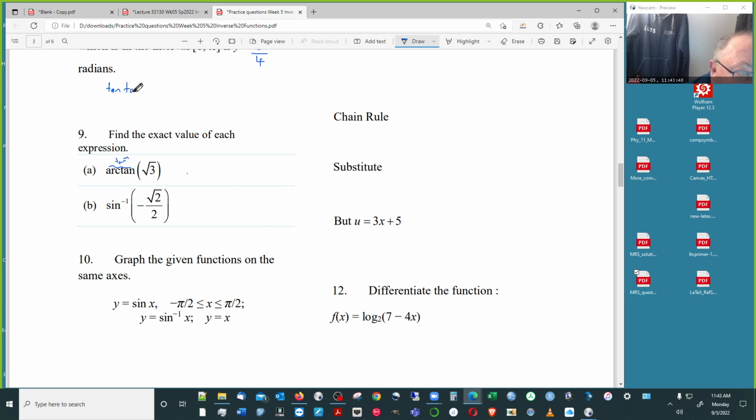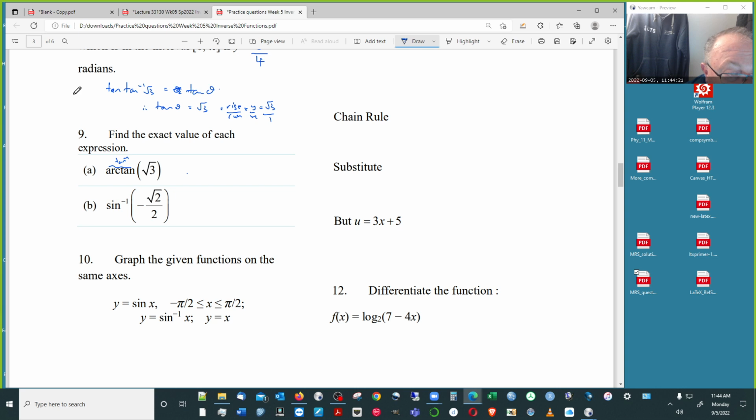So if we take tan to the minus 1 of root 3 equals theta as a variable, then tan theta is equal to root 3. Now in actual fact, tan theta is rise over run, which is y over x, which is root 3 over 1.